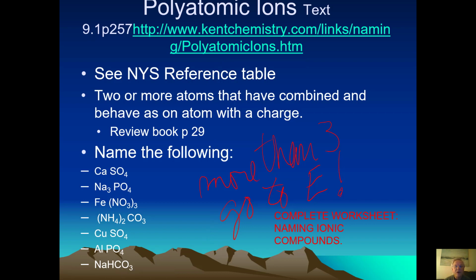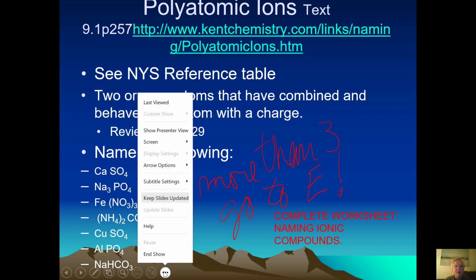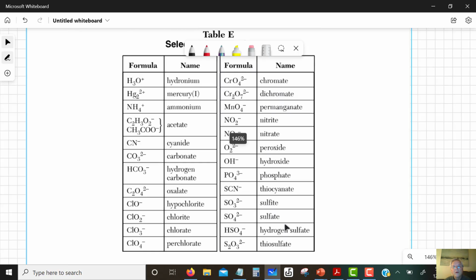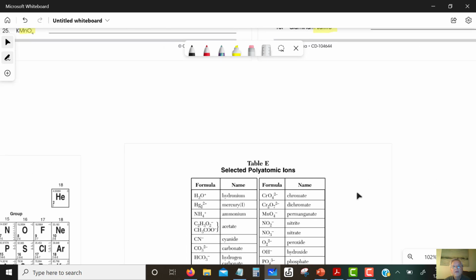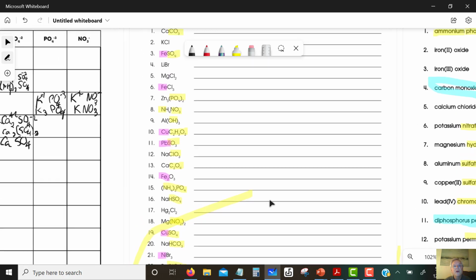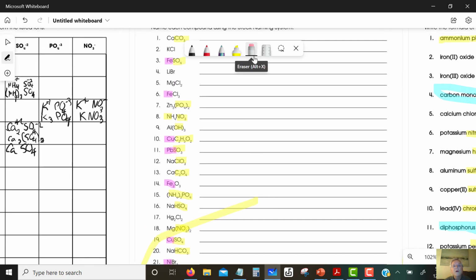You should stop this, watch that, then come back, and there is a worksheet called Naming Ionic Compounds that I'm going to go to quite quickly here on my whiteboard. And I had some of them already filled out, some clues filled out for you here.